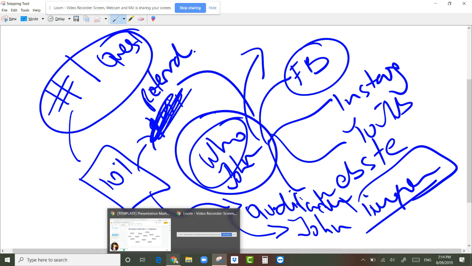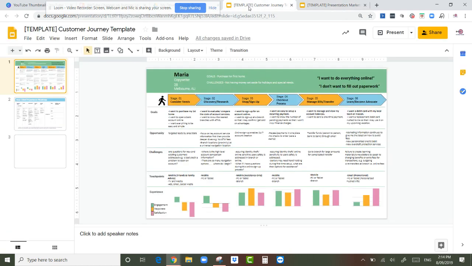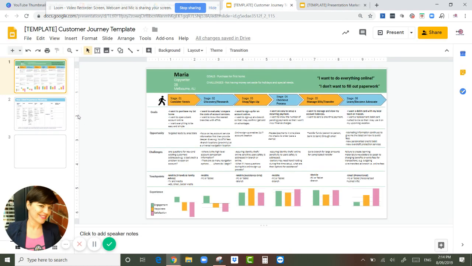Hopefully that makes sense. I try to do pictures, but I'm not really good at drawing everything. If you can see my screen, here are some examples of a customer journey that I found on the internet. I would say it's still very generic in my opinion, but it's a good way to start.